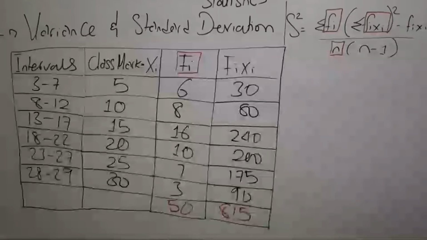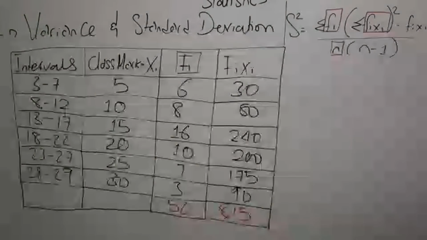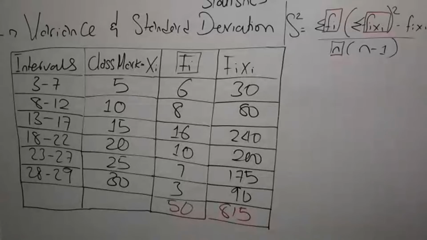Okay? I think there's an issue. Thank you for drawing our attention. Okay, just a moment, please. Maybe I actually gave out the wrong start data. Just a moment. 28. Then we have 29.